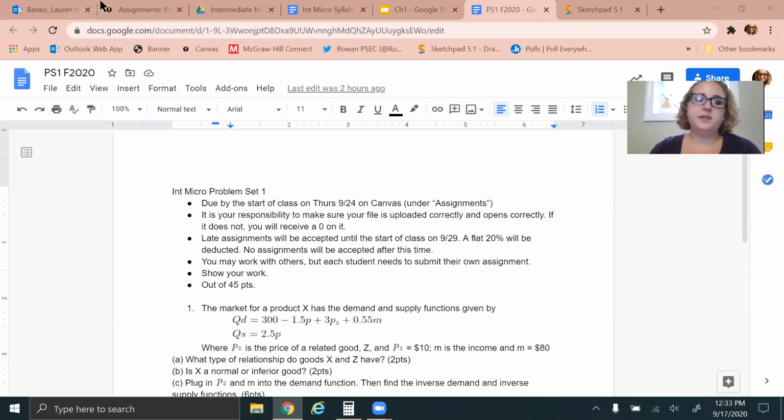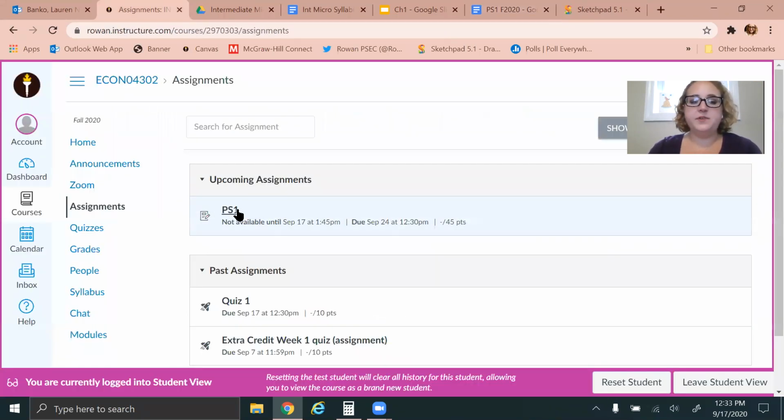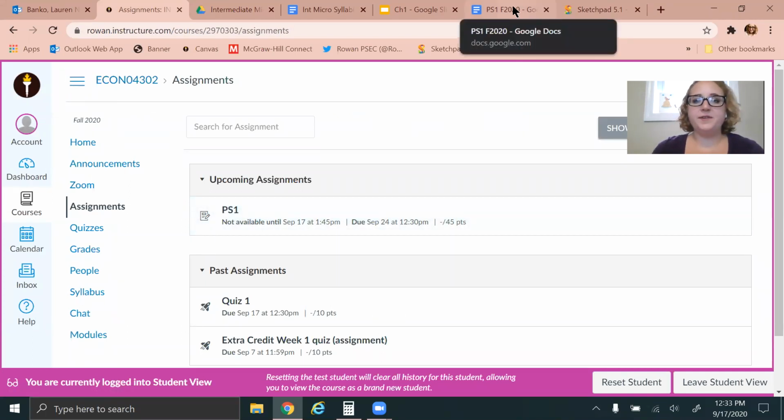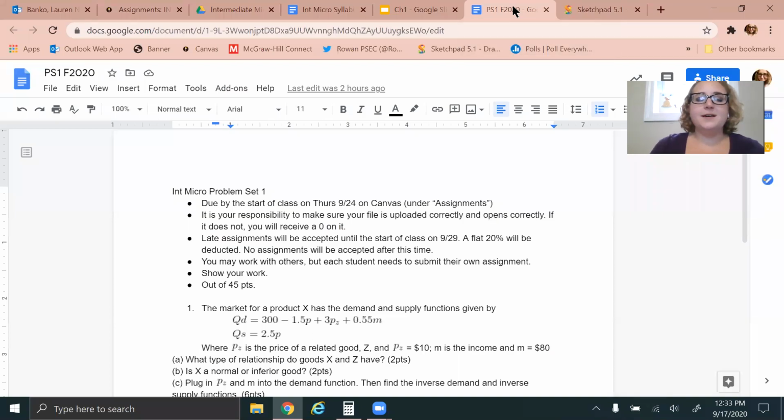When you go on here, there's going to be an upload option to put it on Canvas. Please don't email it to me. I like to have everything in one area so I don't get too confused. Of course, a lot of this is going to be math work. You're probably going to be doing it by hand on a piece of paper, and that's fine.